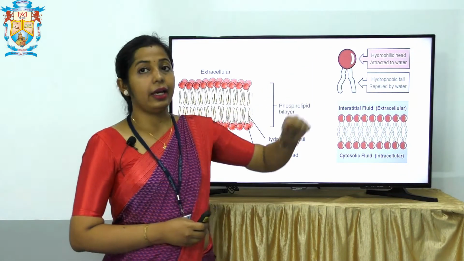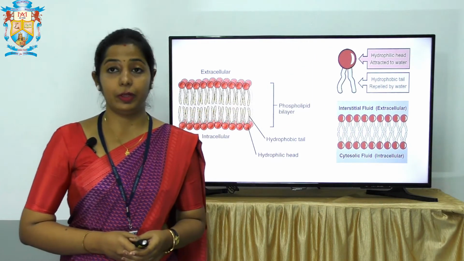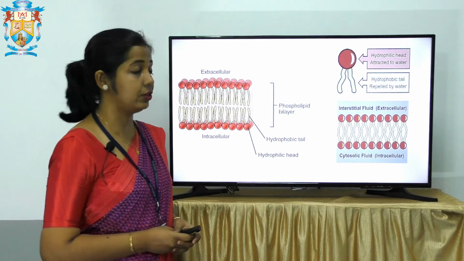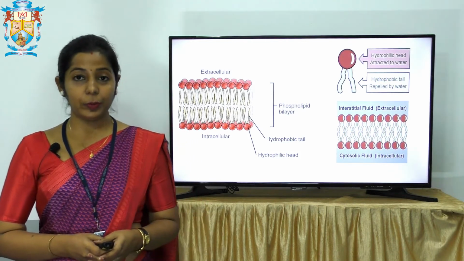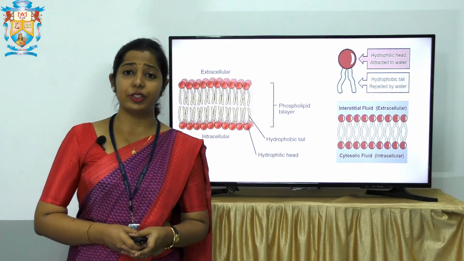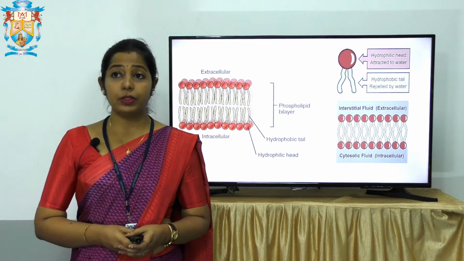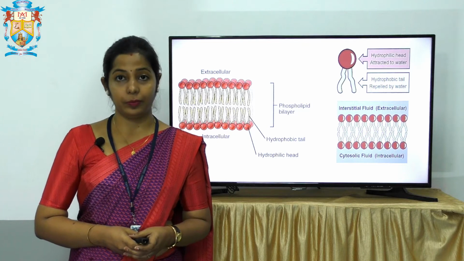The hydrophilic portion of a phospholipid is its head, which contains a negatively charged phosphate group as well as an additional small group which may also be charged or polar.